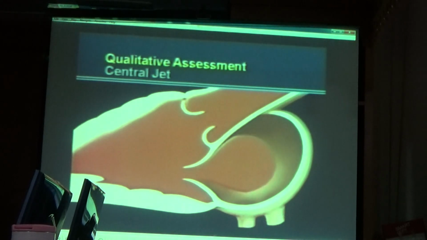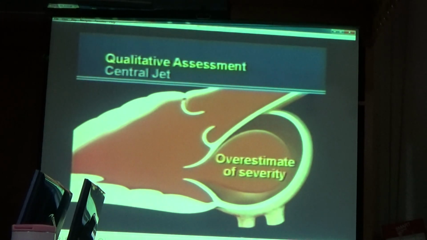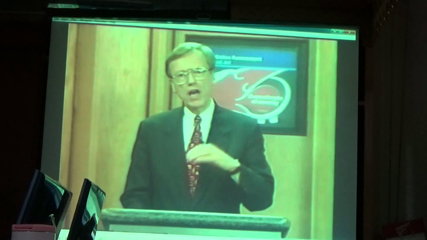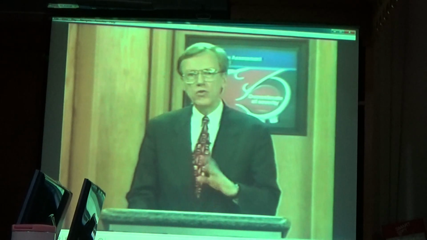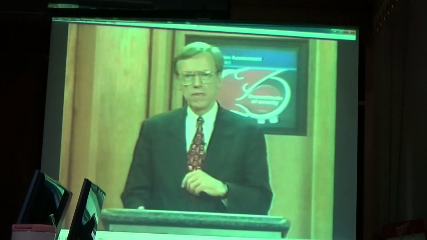We know that if the jet is central, we can see the distribution of these velocities very well. But this is plagued by systematic overestimate of severity. We've shown this now time and time again, that if you have jets that occupy a major part of the left atrium, you in fact will systematically overassess the severity of regurgitation.